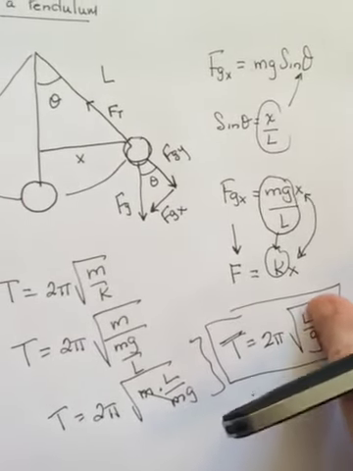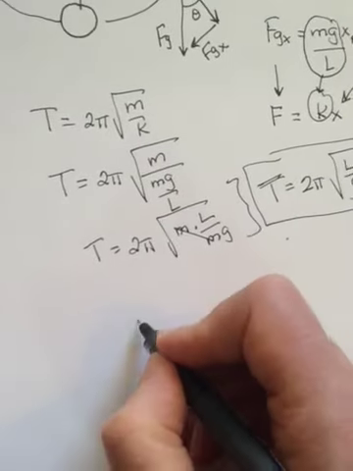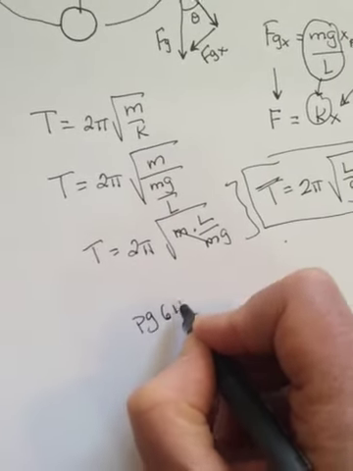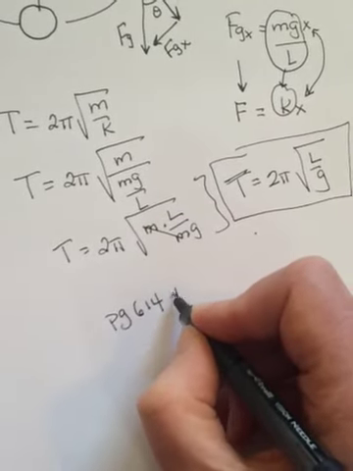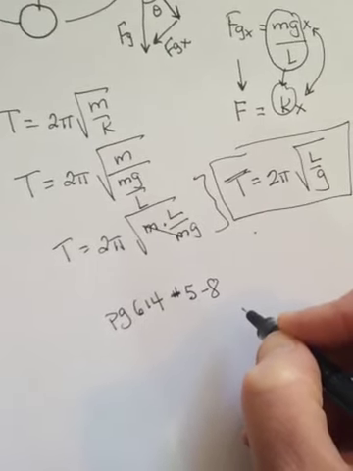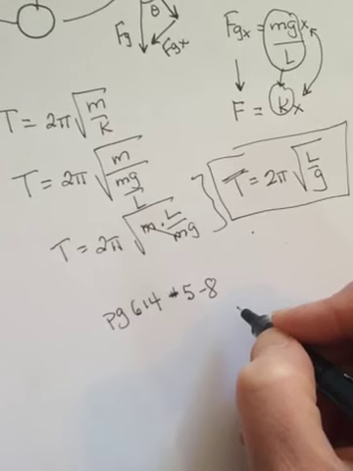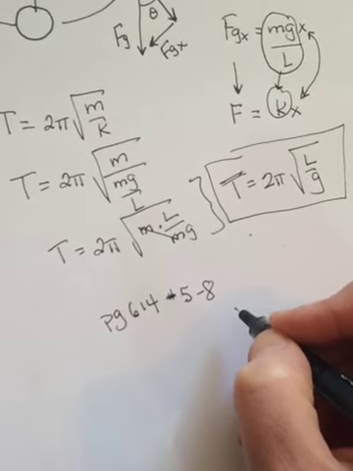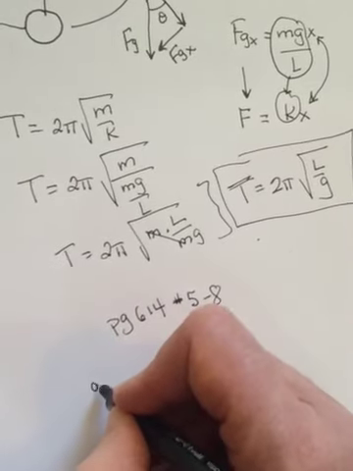And so there are some questions in your textbook on page 614, numbers 5 to 8. In one of them, you actually need to know the acceleration due to gravity on the moon, given the period of the pendulum on the moon.